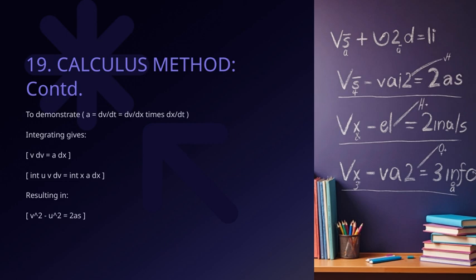This is where calculus really shines, as it allows us to switch between different variables and see how they relate dynamically. So, in summary, this slide is illustrating the calculus method for deriving the equations of motion, emphasizing how integrals help us connect acceleration, velocity, and displacement in a smooth, continuous way.